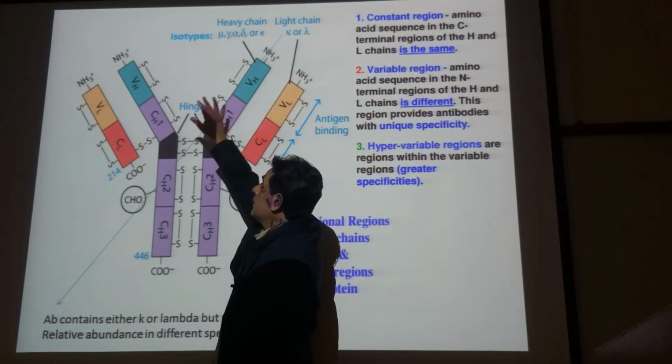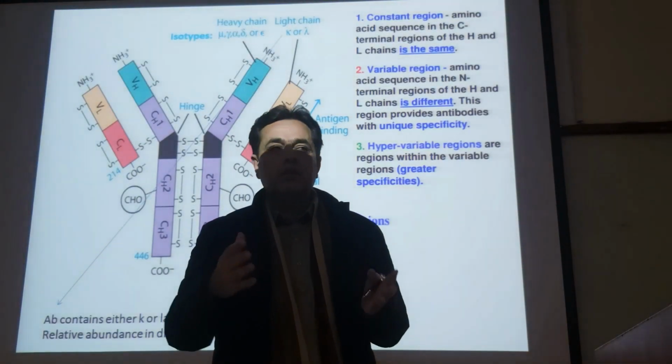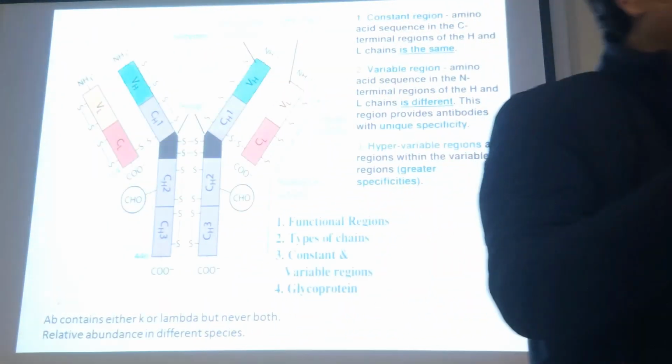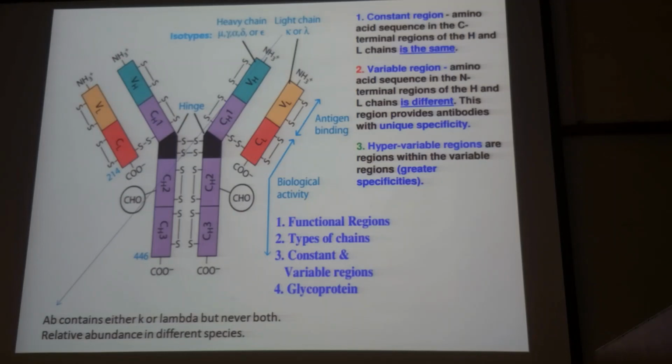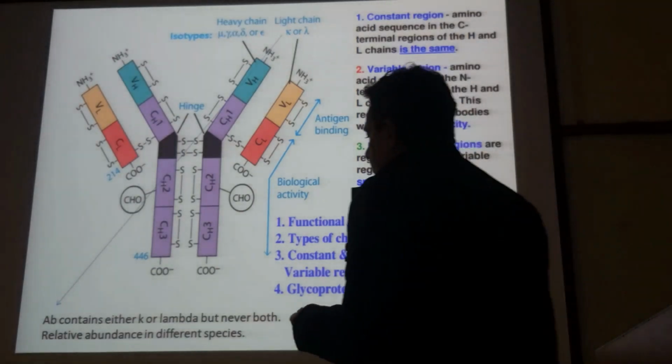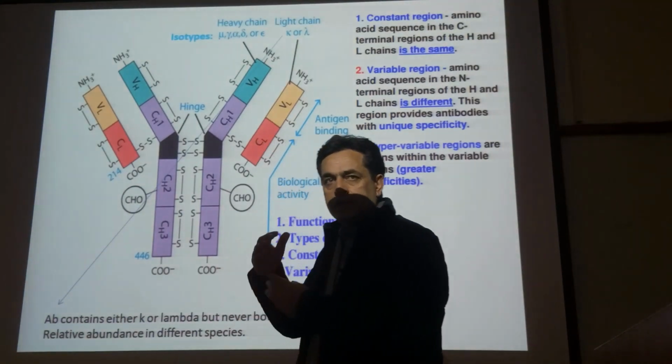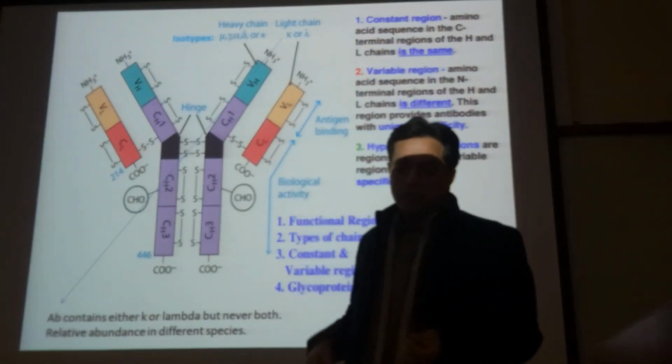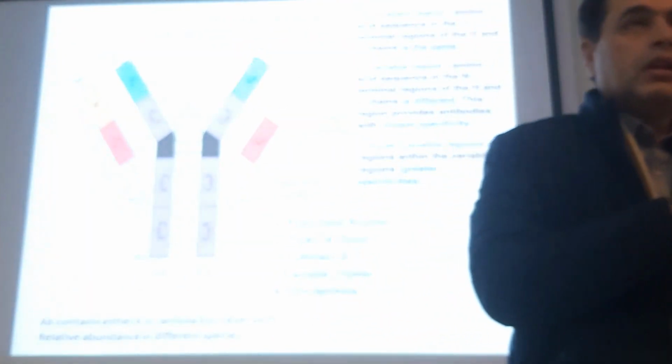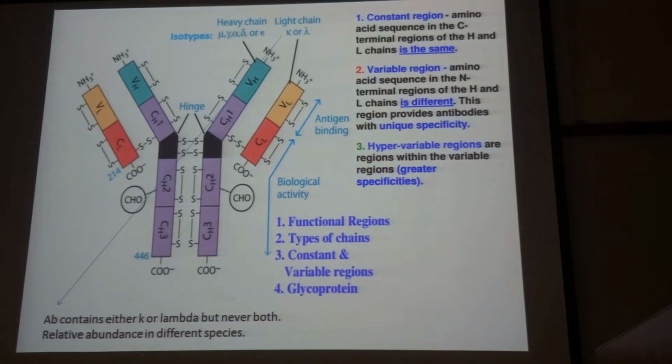This variable region contains lots of aromatic amino acids, and these aromatic amino acids provide the opportunity to make these unstable bondings with the antigens in the form of hydrogen bonding or other electrostatic interactions, okay?